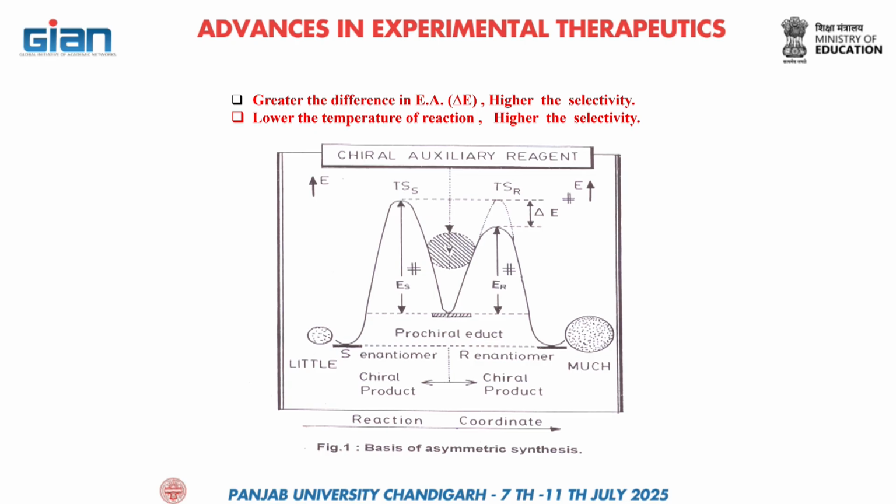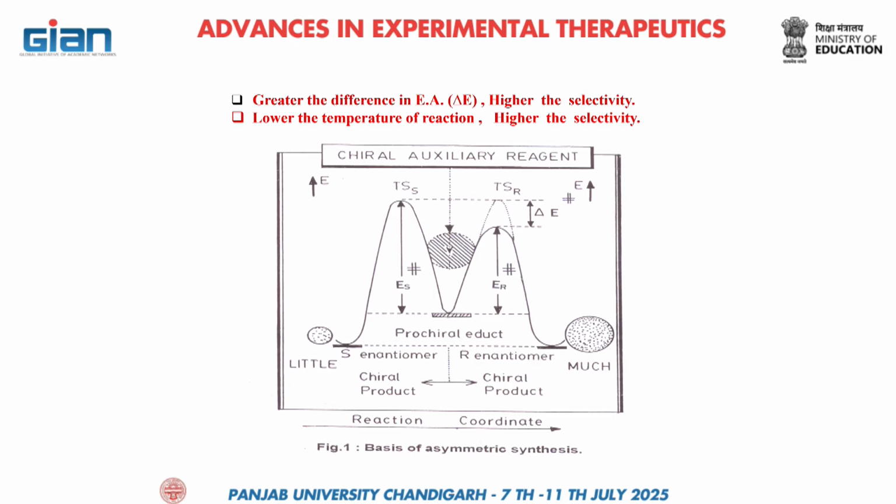But if somehow you are able to differentiate, you are able to change the energy of these 2 transition states, then you have a chance to reach your enantioselectivity or enantiospecificity. So how can you change that?